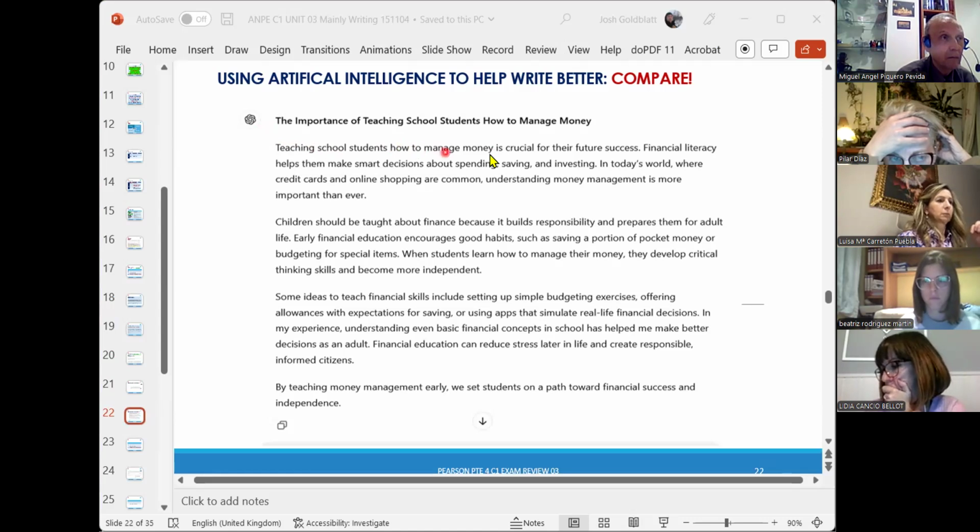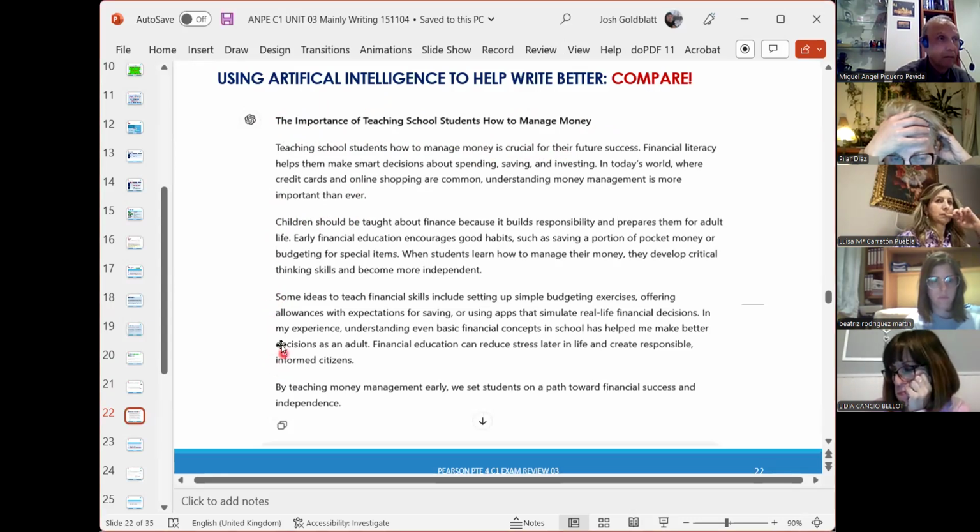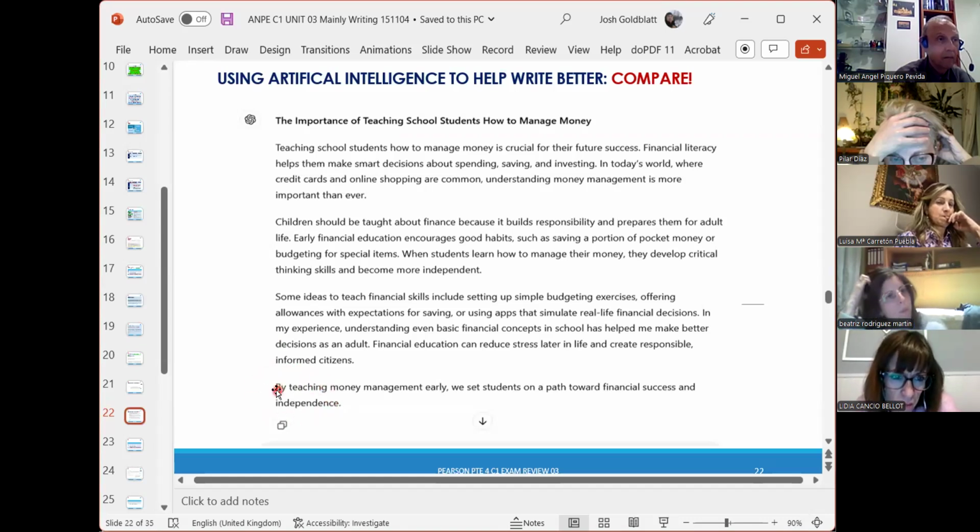Let's look. We know the importance of teaching school children the students how to manage money, but we've got 1, 2, 3 important sections, and then a conclusion, which is very nice. It has got the importance of doing it. It's got some examples and the advantages.